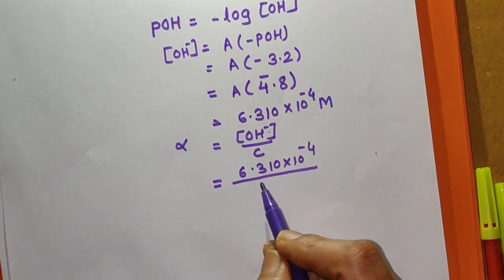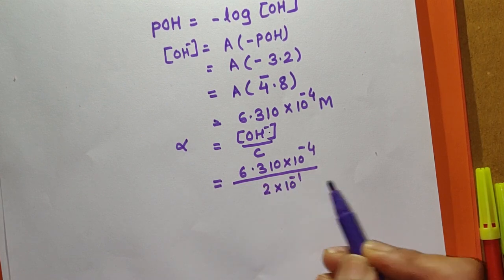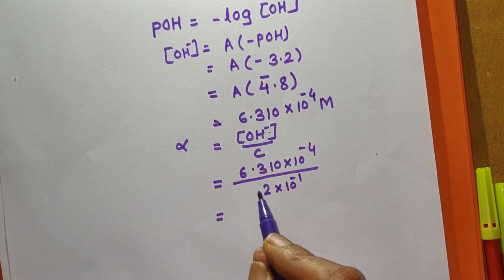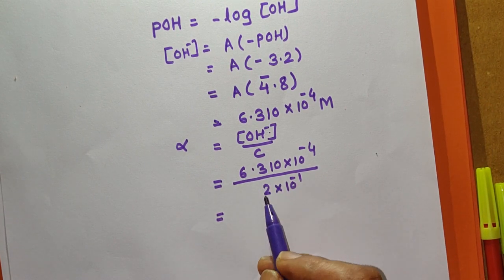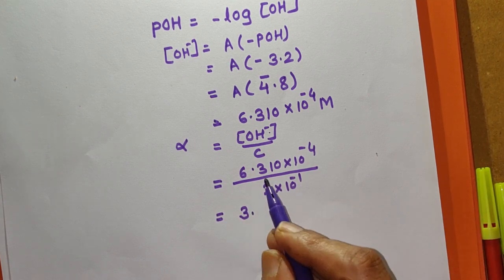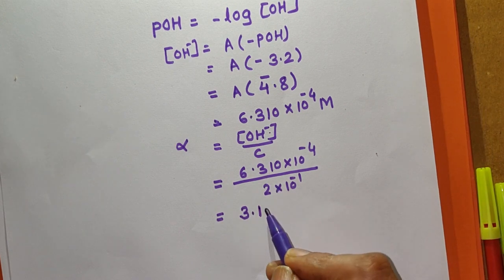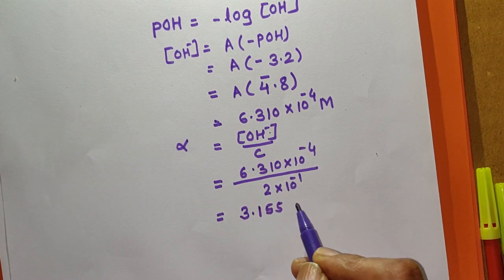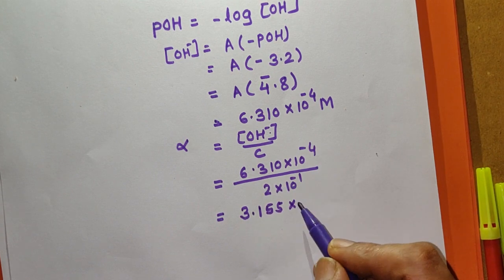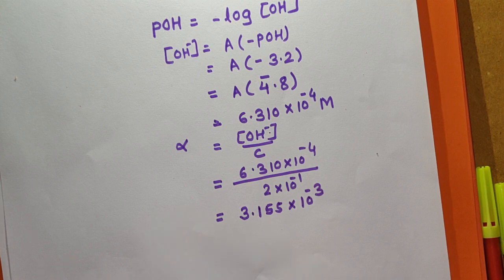It is given 0.2. You can say 0.2 is equal to 2 into 10 raised to minus 1, or you can write 0.2 also. Divided by 2. 6.310 divided by 2 is 3.155 into 10 raised to minus 4 divided by 10 raised to minus 1, that is equal to 10 raised to minus 3. This is the value of alpha.